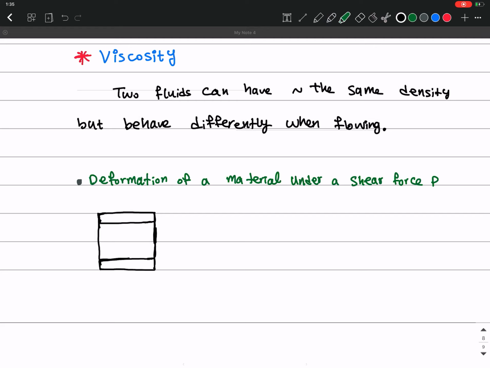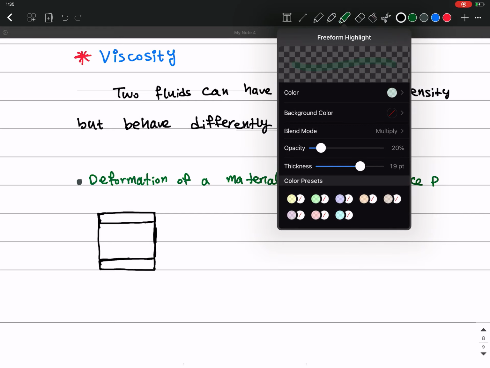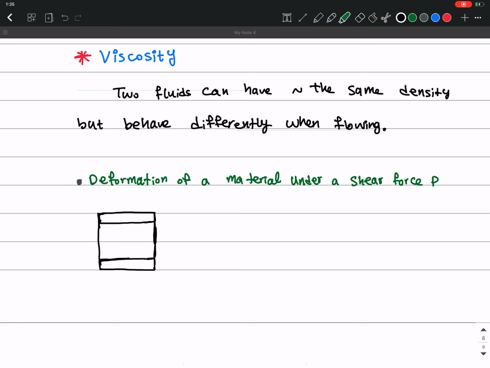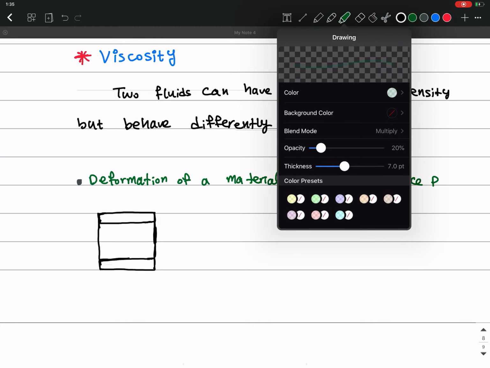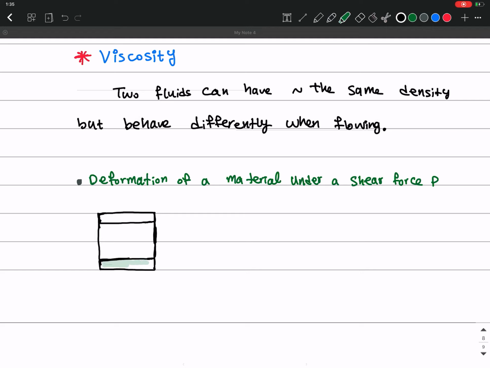And then we have, so let me color it, a fixed plate here.